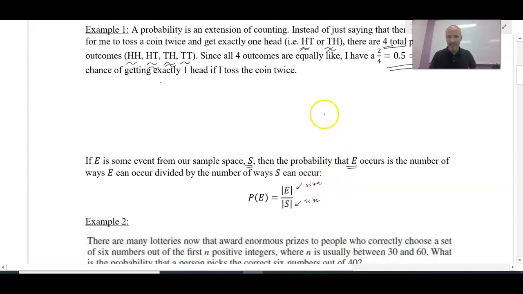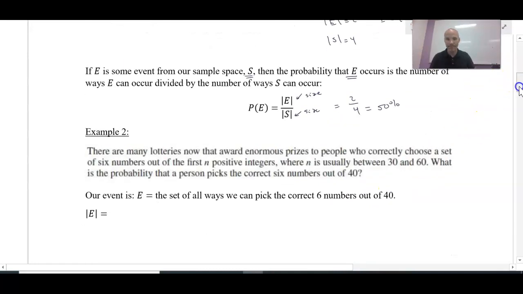In our case, the size of the event was 2. If I listed out those 2 ways, set E contains HT and TH, and the sample space contains all 4 of them, but the size of E is 2 out of the 4 possible ways. So I could say 50% of the time I would expect to get that outcome.